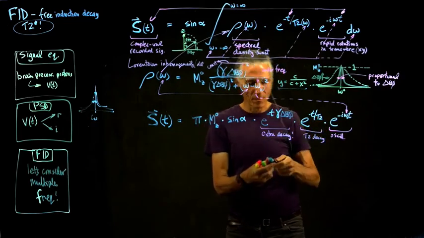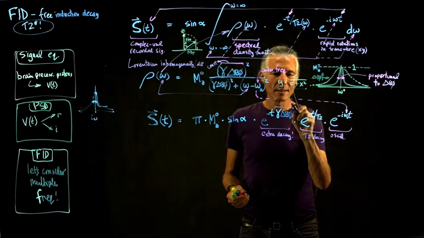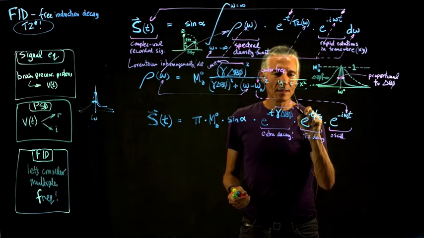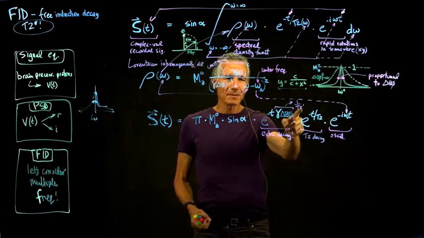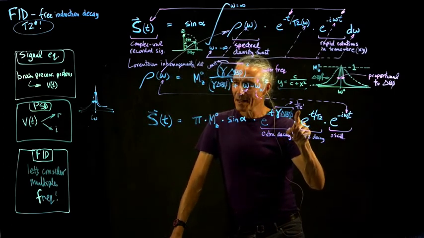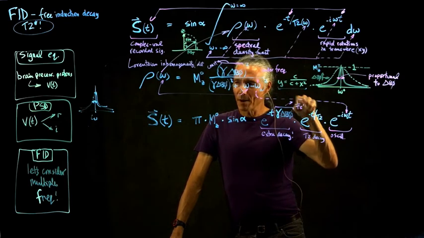So sometimes you might want to write this guy as 1 over T2 prime. So we could think of that as a time constant. If you're thinking of it as a time constant, then it's going to have to be 1 over it.